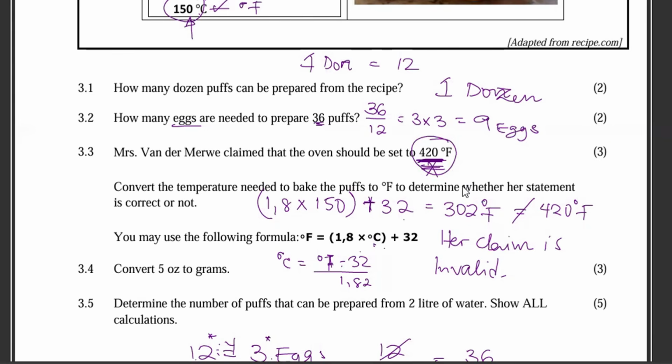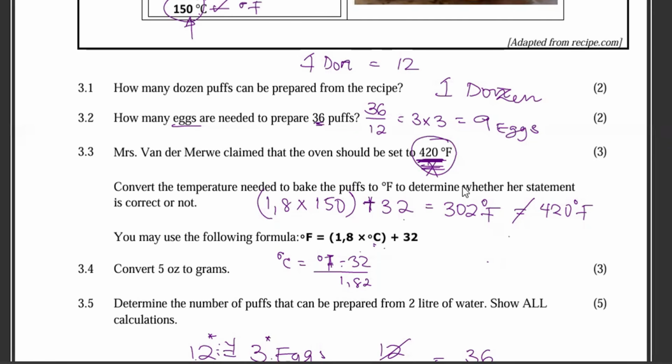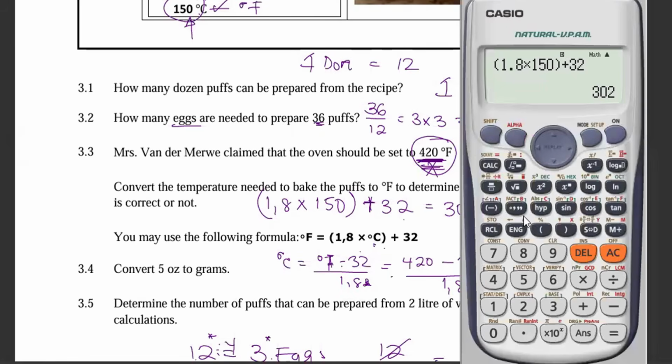You would say this equals 420 minus 32 divided by 1,8. Put this in your calculator: 420 minus 32 divided by 1,8. The answer becomes 215.